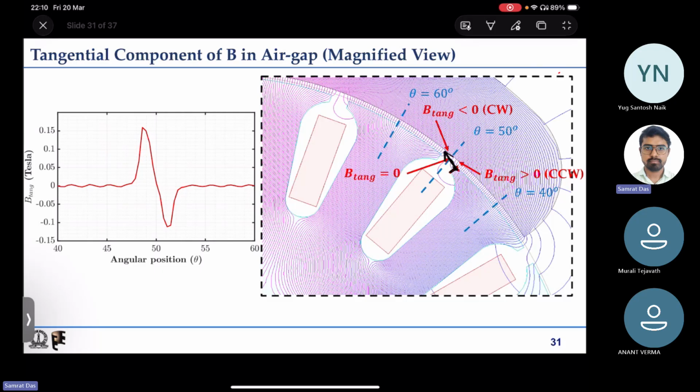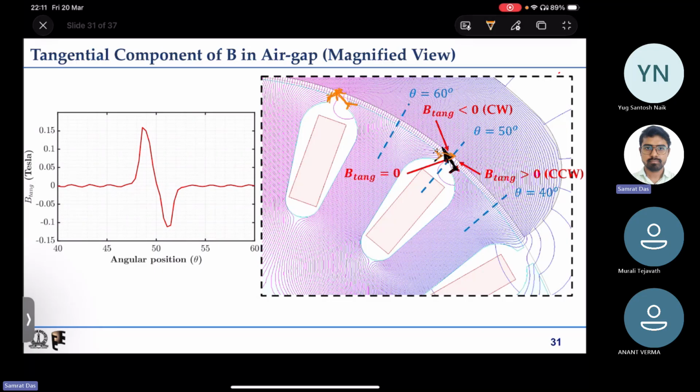It will act in the anti-clockwise direction, whereas on this edge it will be on the opposite side. For this edge the tangential force will be on the opposite side, and again for this edge there will be a tangential force on this side, and on this edge on the opposite side.